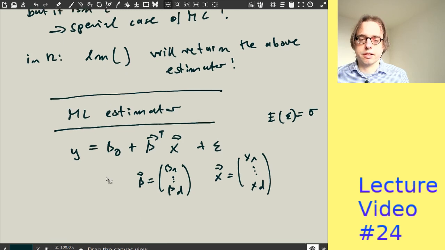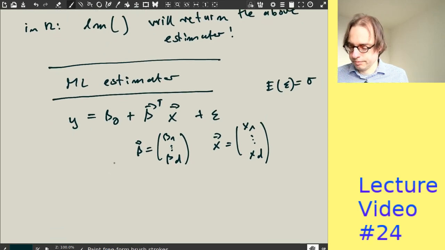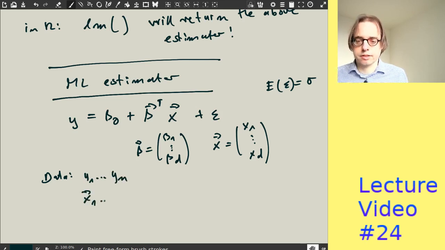And we have our observed data, y1 to yn and x1 to xn. So you see, in contrast to above, where we used the matrix notation, now we use vector notation.